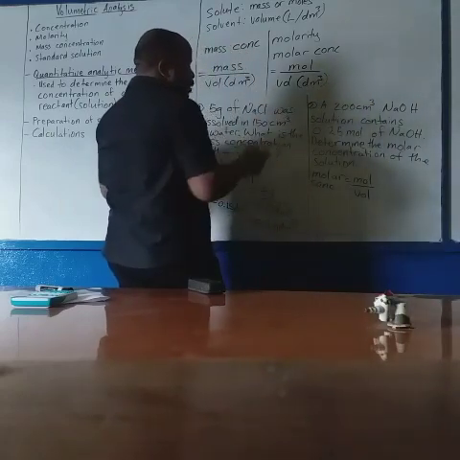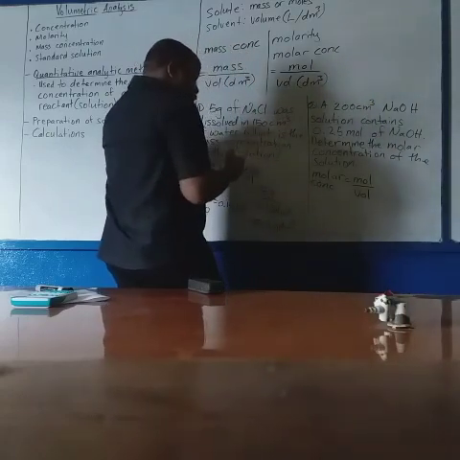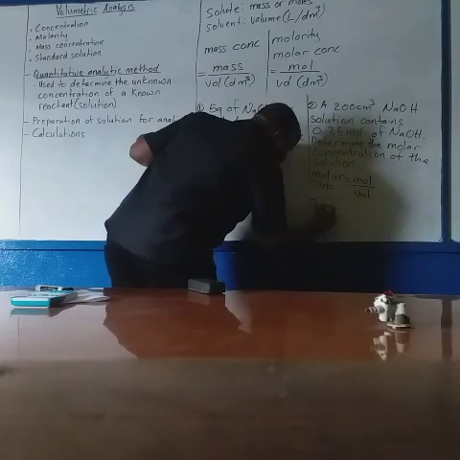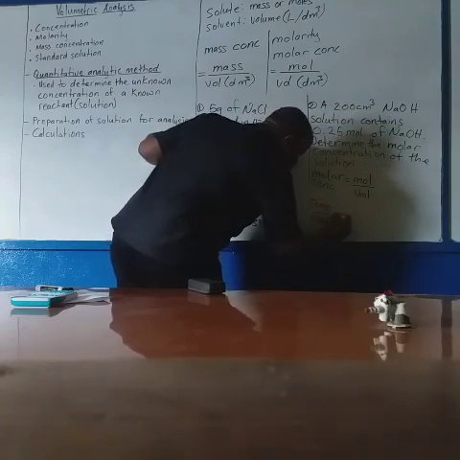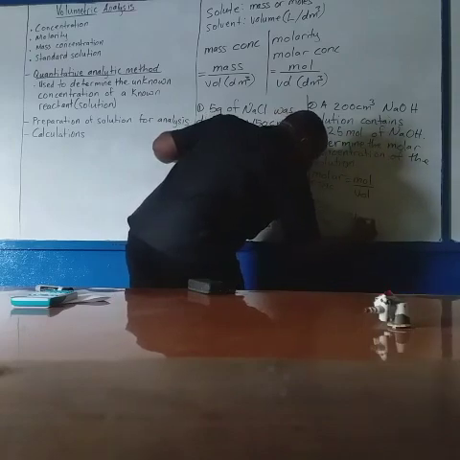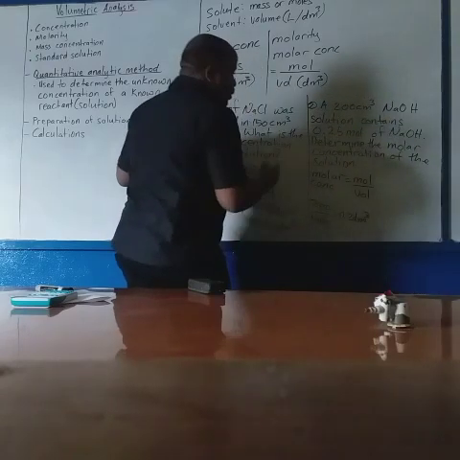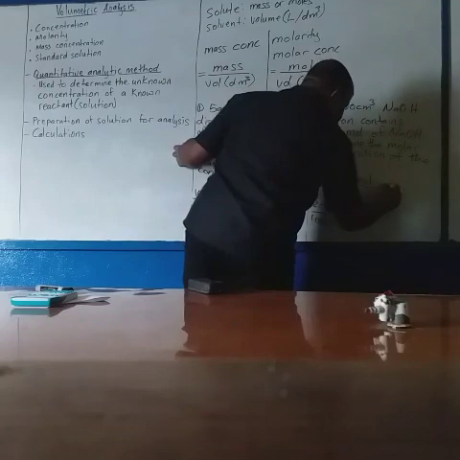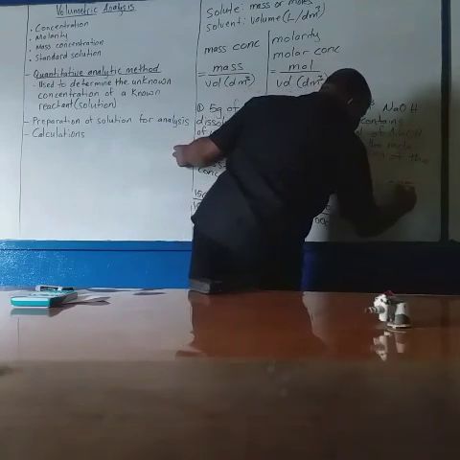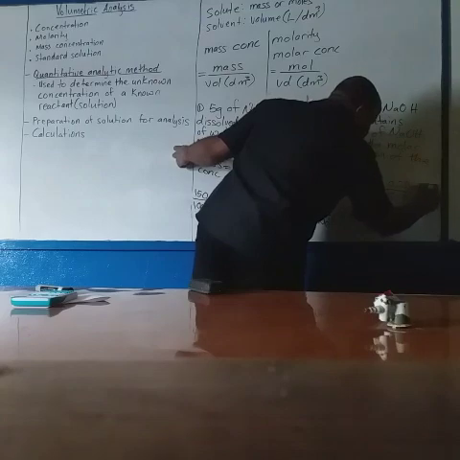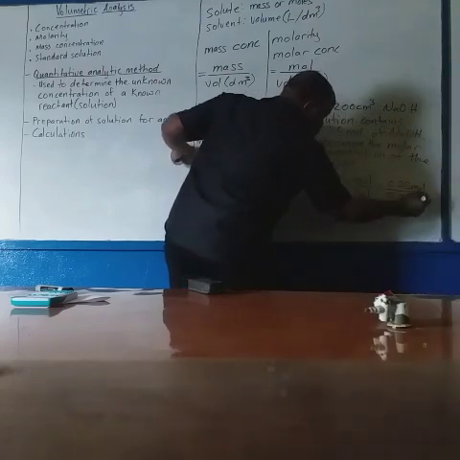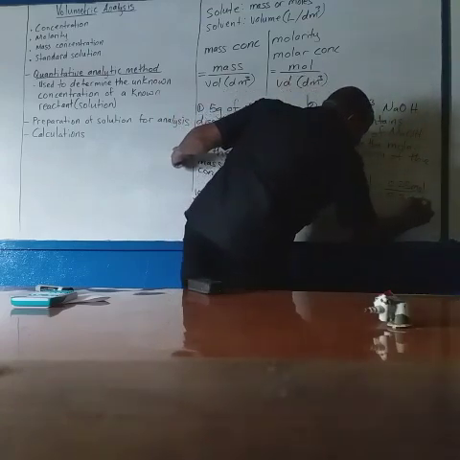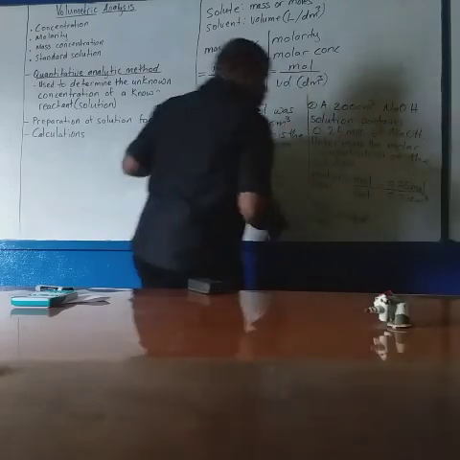But the volume must be in dm³, so let's just sort out the volume. So 200 divided by 1,000 is equal to 0.2 dm³. So mole is 0.25 divided by 0.2. 0.25 moles divided by 0.2 dm³.